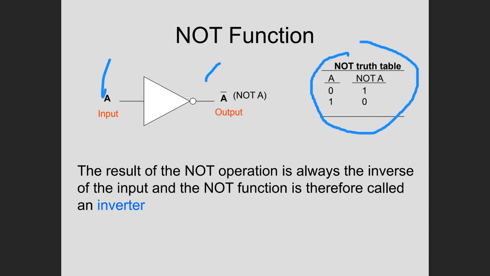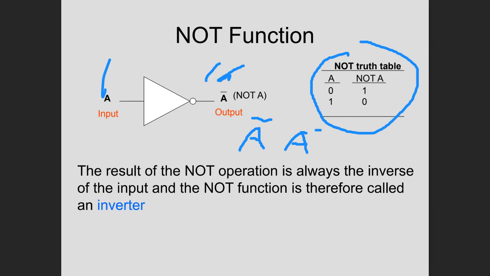Now, what about this NOT A? You see how this has a bar over the top of that variable A? If you want to show something that's been inverted or NOTted, you draw a line over it like that. And there's actually another way to do it. Sometimes, and I'm drawing with my mouse so I'm not the best with this, they'll put a little prime symbol right there.